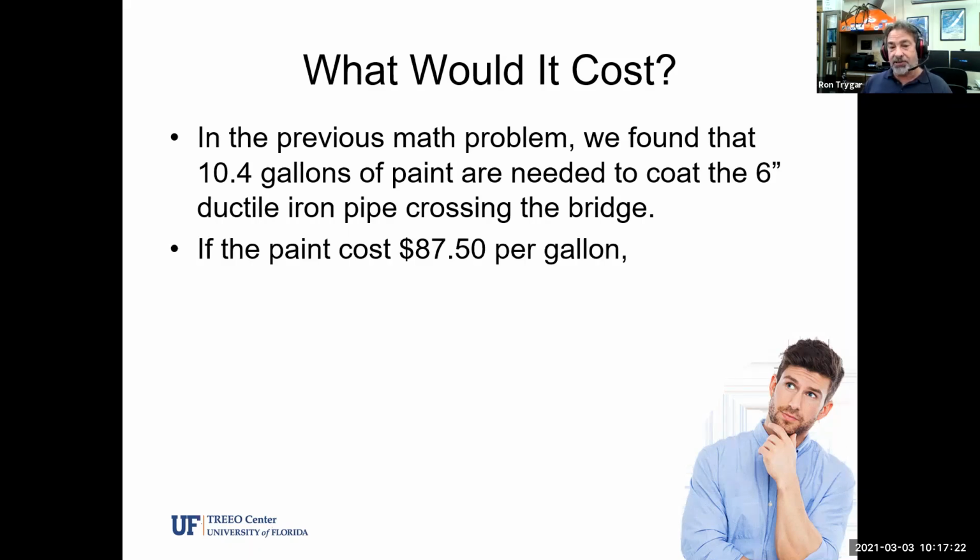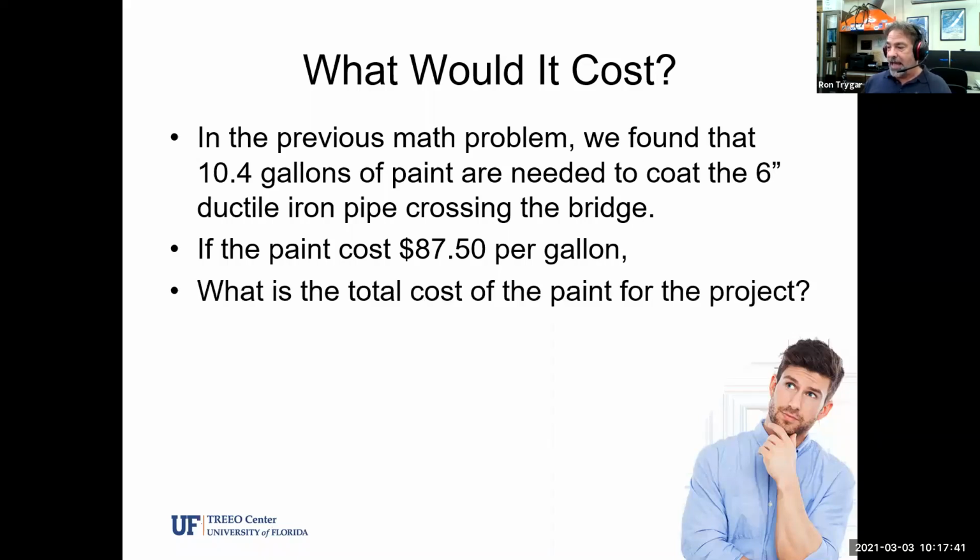If the paint is costing $87.50 per gallon, again, from one of the company websites, then how much would it cost us to paint this pipe? So how are we going to figure this out? We need to remember the 10.4 gallons total and how much a gallon of paint is costing. So what's the total cost of the paint for the project?